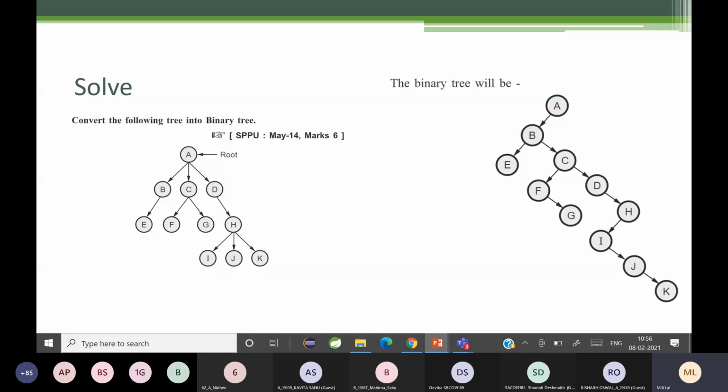No, no. If H is G's right child, then H should be the sibling of G. Is H the sibling of G? It is coming from another parent, right? Yes, understood? Okay.